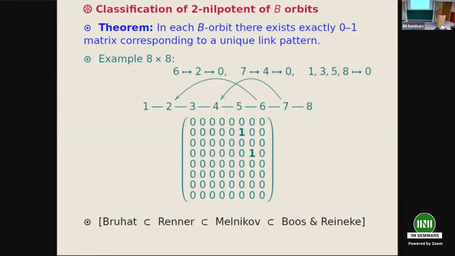Now the matrices which are upper triangular and whose square is 0: this is the work of Melnikov, a very elementary paper, just a few pages. And finally, all matrices satisfying square equals 0 are indexed by such a thing.